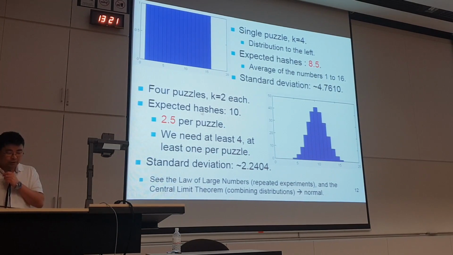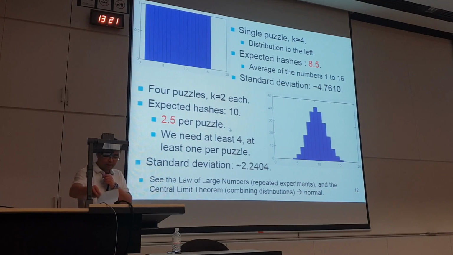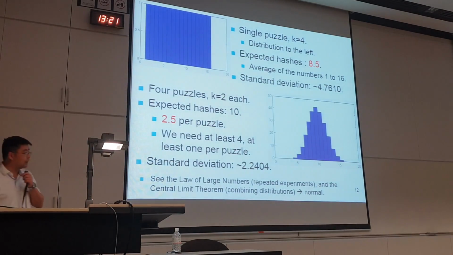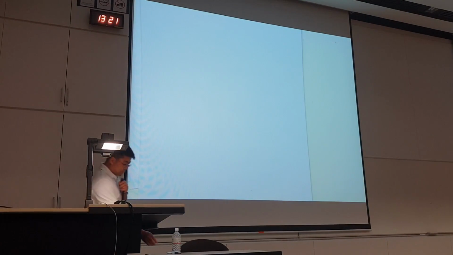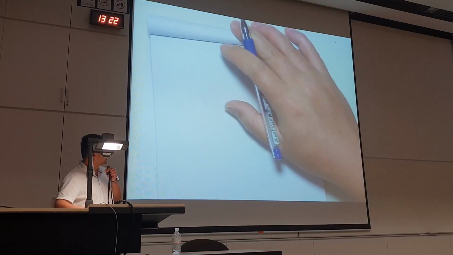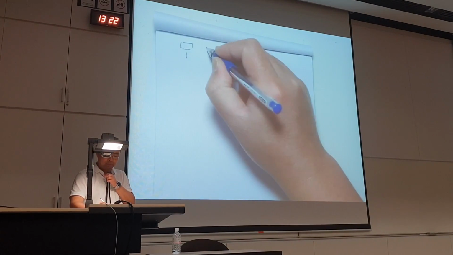If you have 4 subpuzzles, then you need to perform a minimum of 4 hashes, right? Because you need at least 1 hash for each of the 4 subpuzzles.